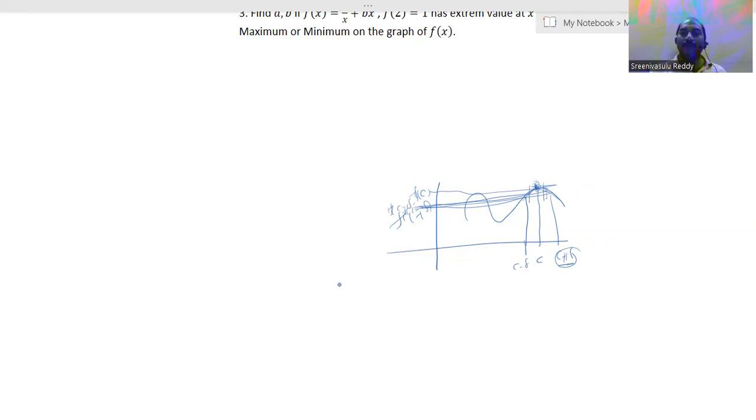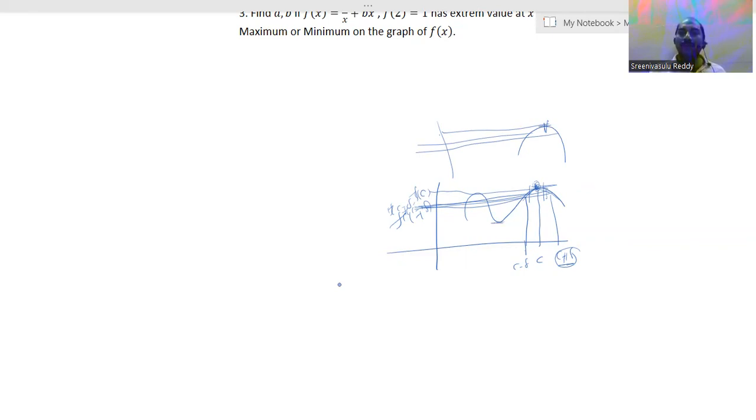My graph is not clearly drawn, but you understand that at the peak we have a maximum y value. In the neighborhood, on both left and right sides, the corresponding y value is less than the peak value. So at this point we say the function has a maximum.